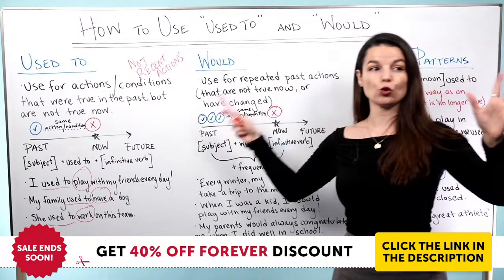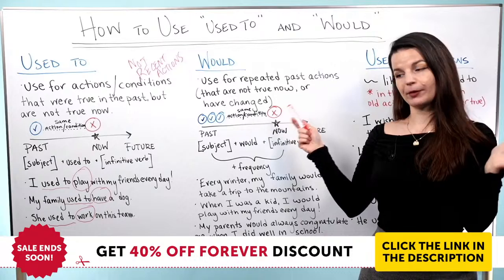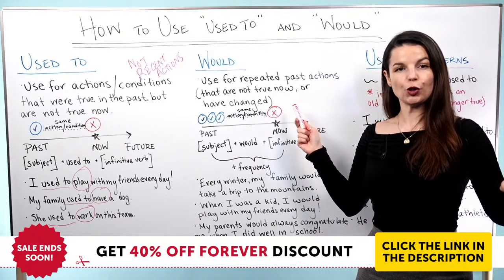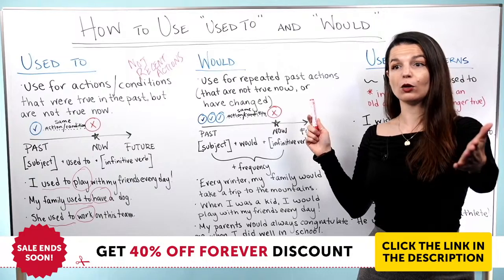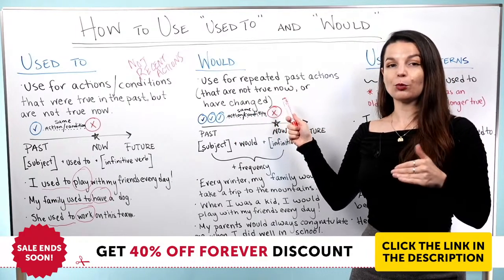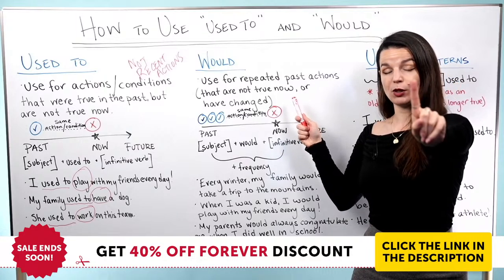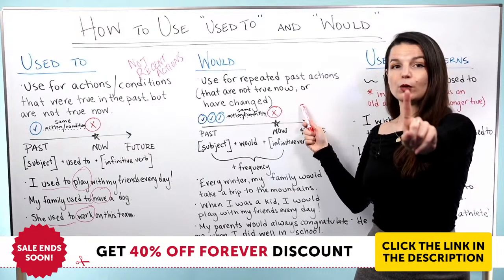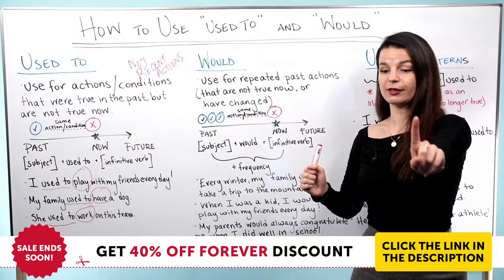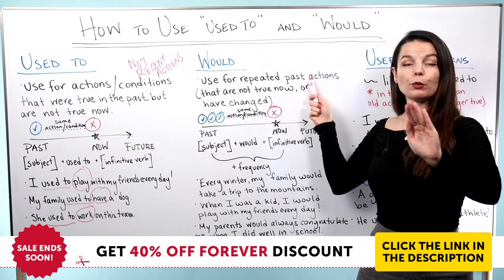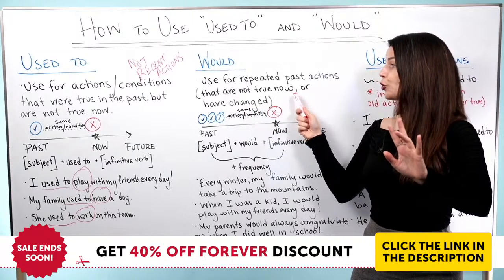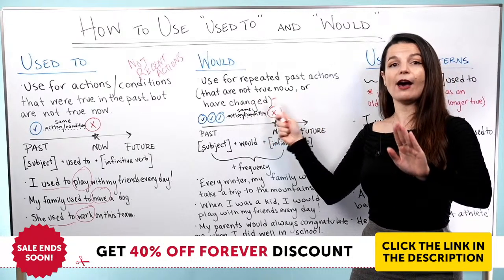Let's continue to part 2, "would." Okay, so "would." First, what do we use "would" to do? You probably know some different uses of "would." Today, we are going to practice just one use of "would," okay? This use is for talking about repeated past actions, okay? So we use it for repeated past actions that are not true now or have changed.